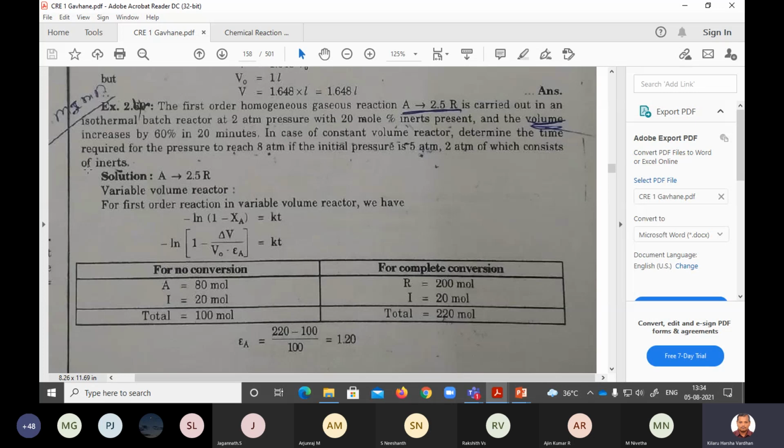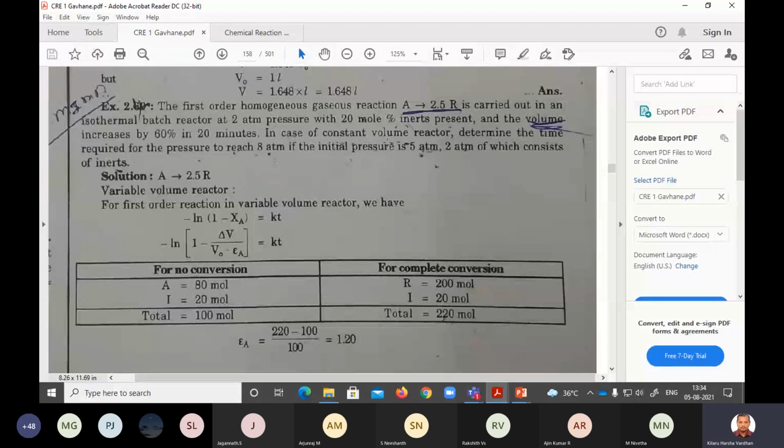So a lot of pressure data is given, right? I'll just repeat the problem, just see what you are writing. The first order homogeneous gaseous reaction A gives 2.5 R is carried out in an isothermal batch reactor at 2 atmospheric pressure with 20 mole% inerts present, and the volume increases by 20% in 20 minutes.